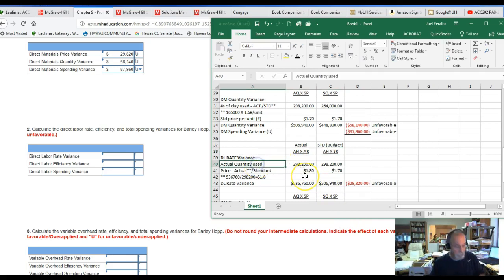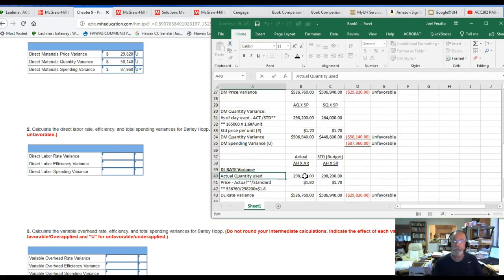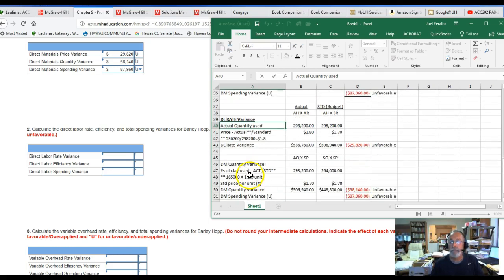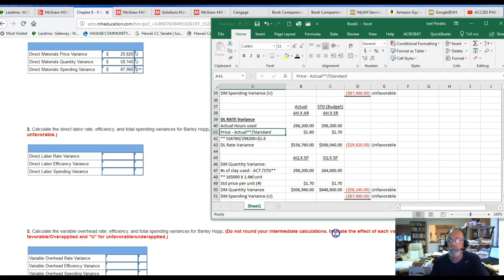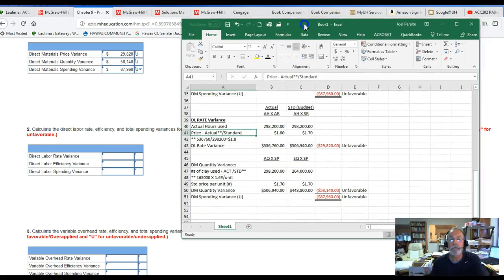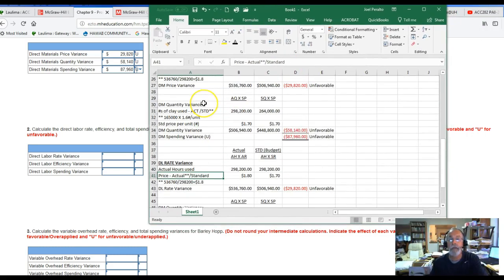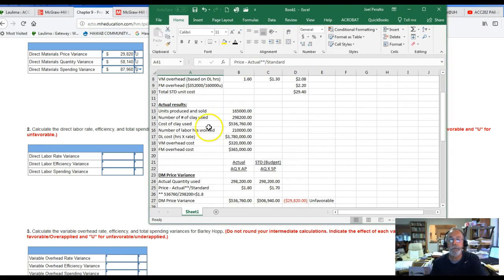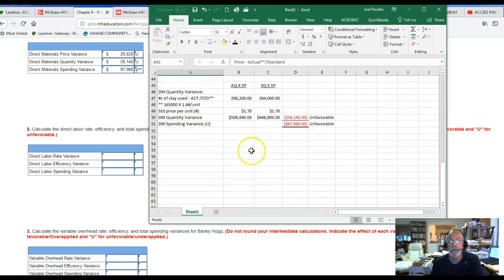So actual hours used, actual hours, number of labor hours worked, 210,000.